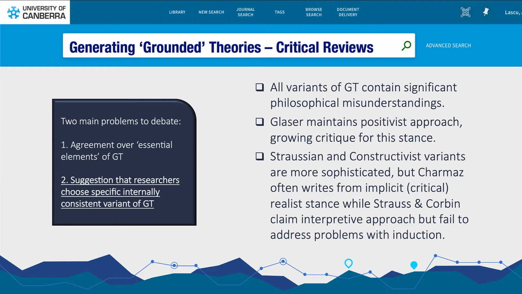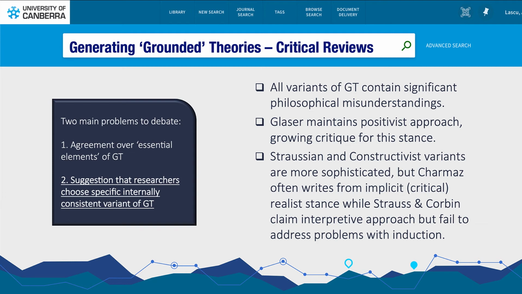The second problem to debate was the suggestion that researchers choose specific internally consistent variants of grounded theory. But all variants contain significant philosophical misunderstandings, so it doesn't really matter which one you choose as long as you're consistent. Glaser maintains a positivist approach, which is actually a growing critique for that particular stance, while Straussian and constructivists are more sophisticated.